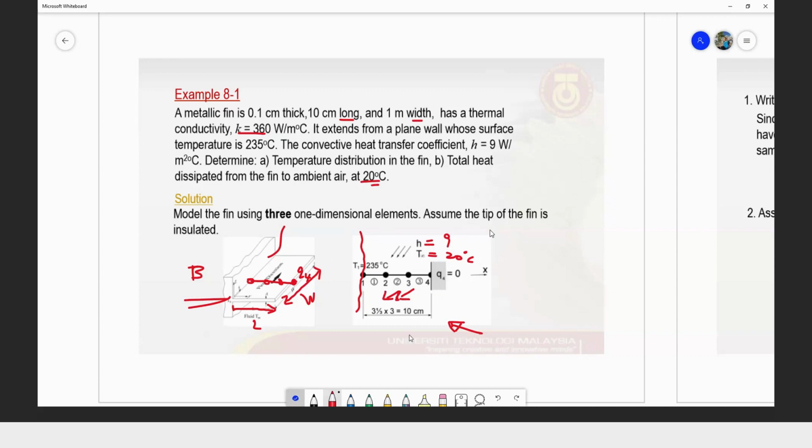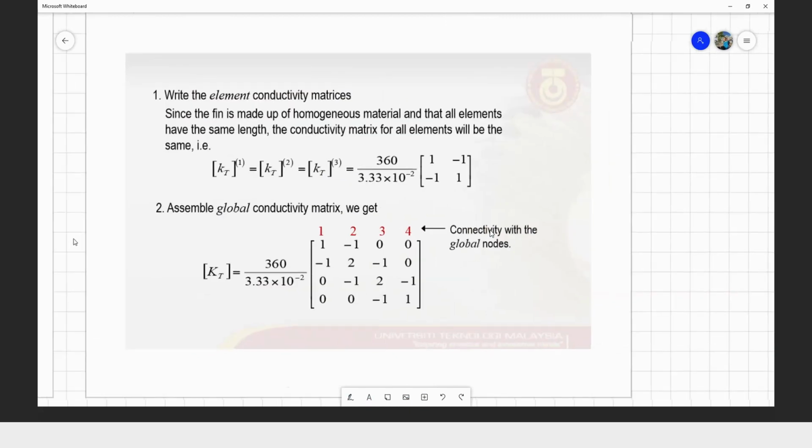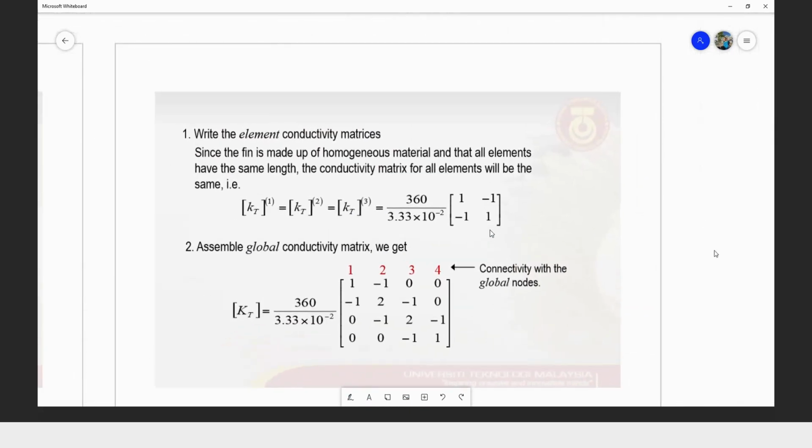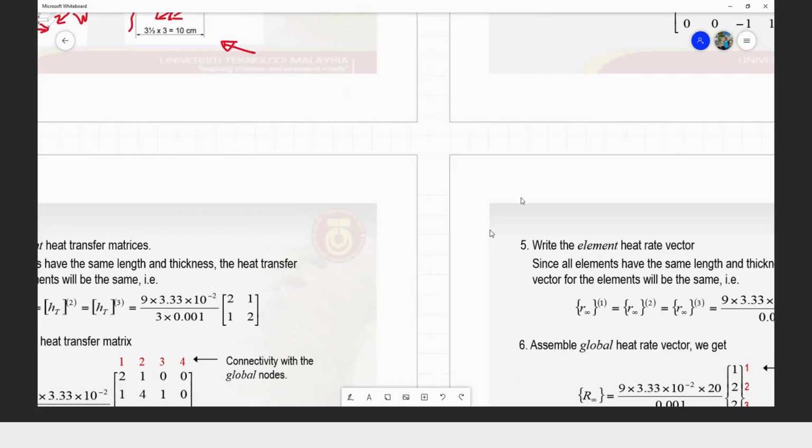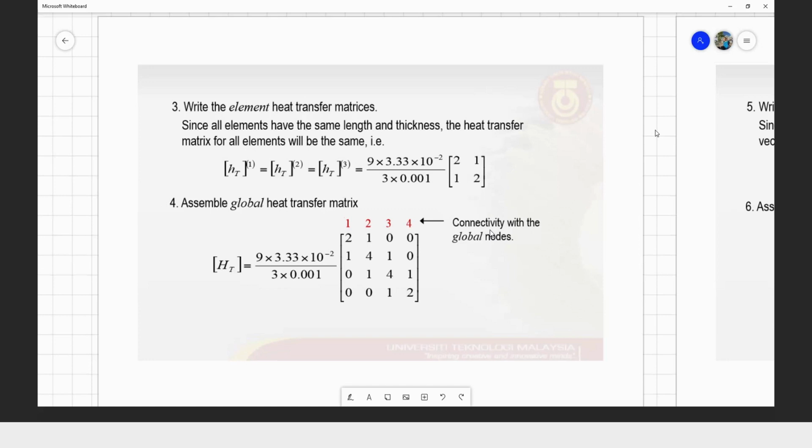Now let's look at how we can deal with this. When we discretize the element, we have to prepare the K matrix as usual. Then you assemble it as usual as well. This can go into very much detail, but we have a similar process. Then you start calculating the element H transverse matrix by using the given equation.